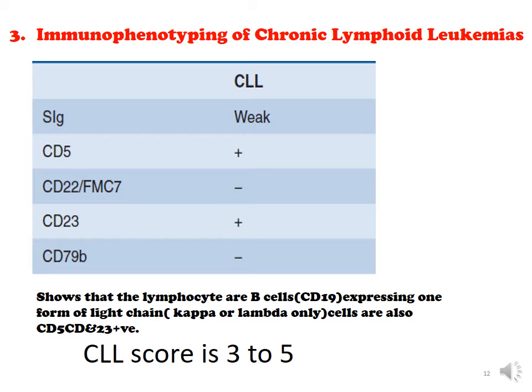So what's this scoring system? We have CD5 positive, CD23 positive, negative CD79b, CD22 and FMC7, and weak positive surface immunoglobulin.